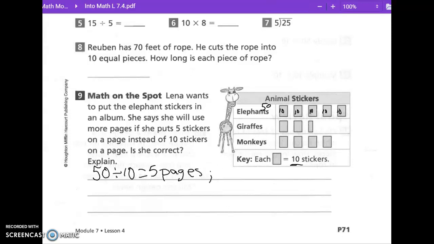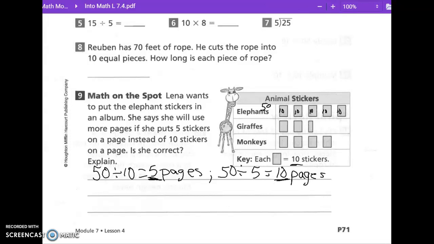What if we have 50 and we divide it by 5? We're trying to prove if she's correct. How many 5s in 50? 10 pages. So let's go back and look at her statement. She says she will use more pages if she puts 5 stickers on a page instead of 10. So if she used 10, she used 5 pages.